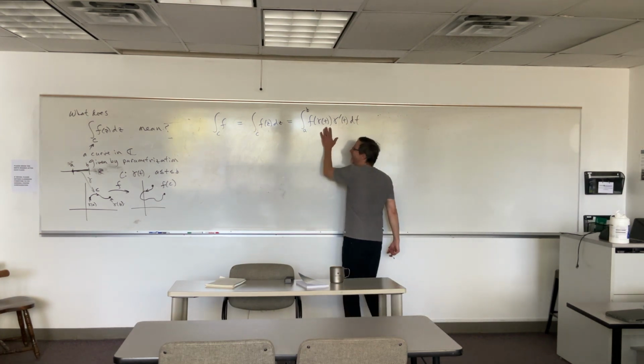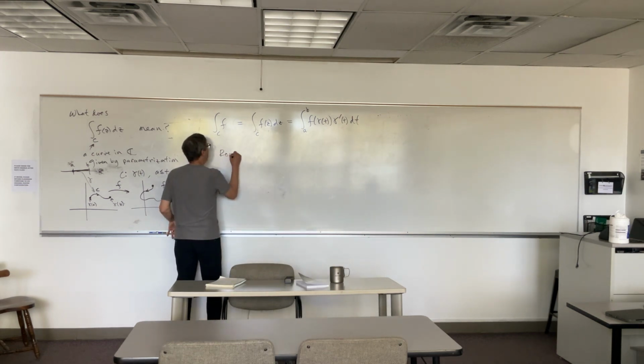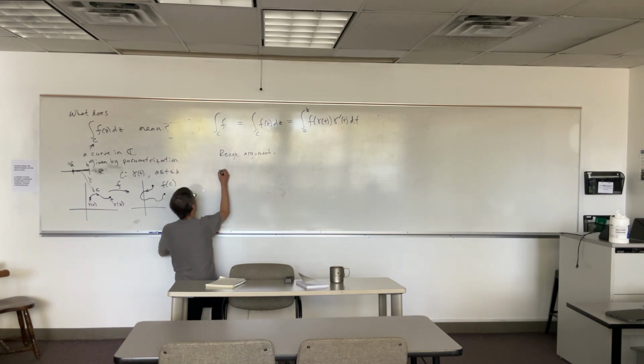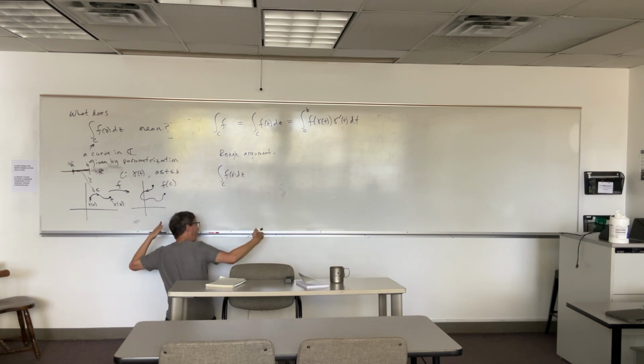So why is this so? Let's think about this. So here's a rough argument as to why. Let's be naive about this. The integral over c of f of z dz means I'm going to take this curve c here and cut it up into pieces, right? This integration is all about cutting things up into pieces.